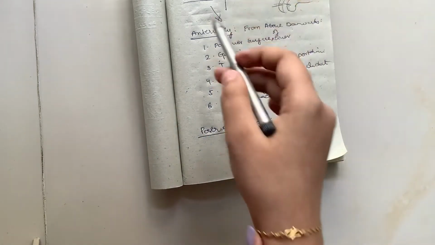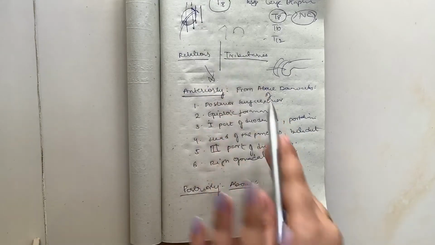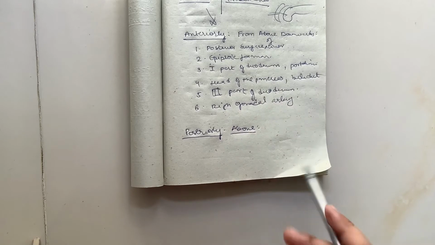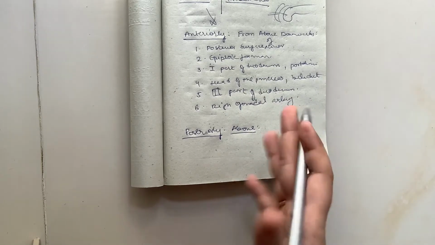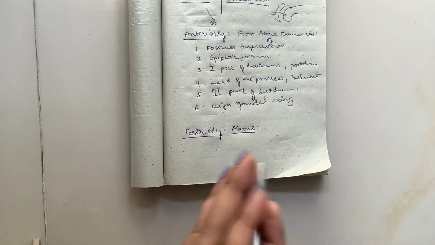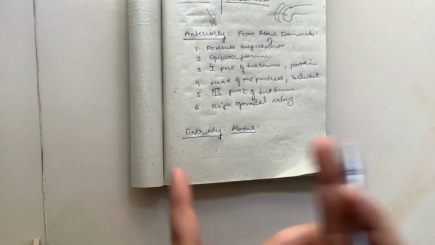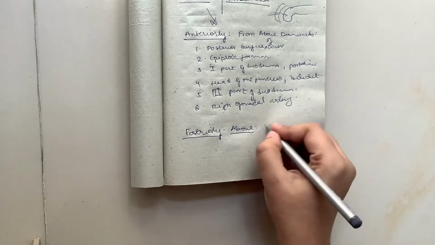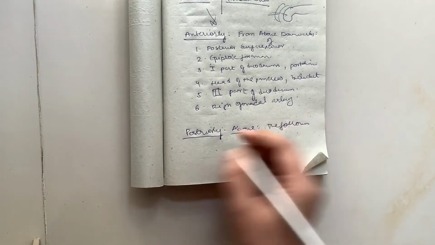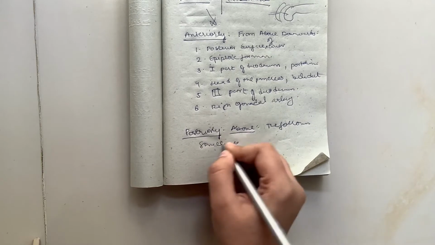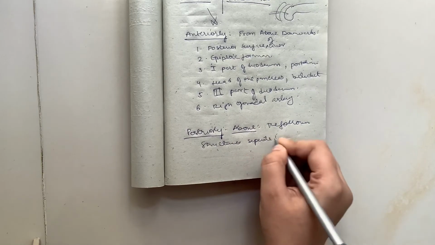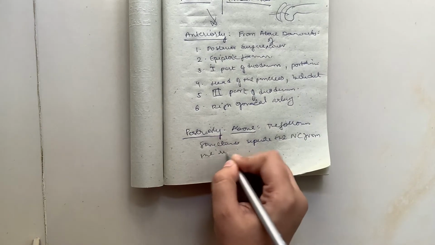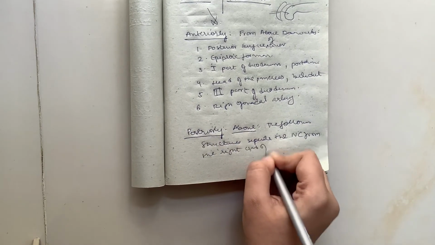As I said, with the right side you can relate everything well. Between the right crus of diaphragm and the inferior vena cava there are a few structures. So you can write that the following structures separate the inferior vena cava from the right crus of diaphragm.